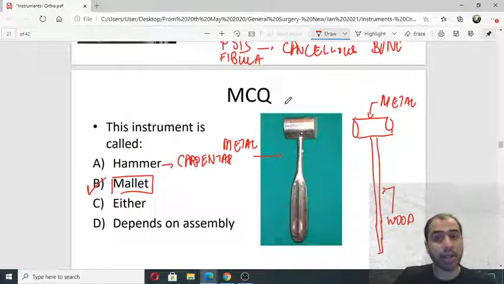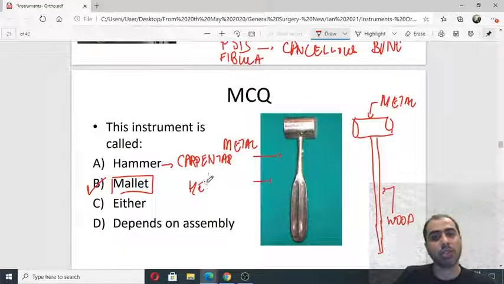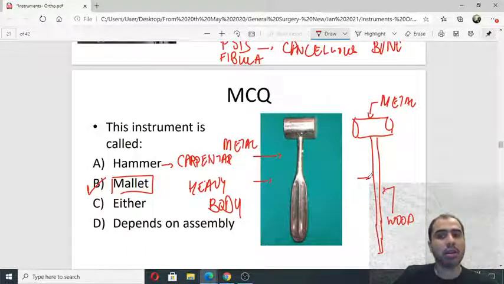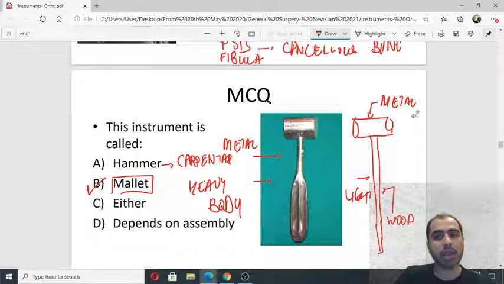In a mallet, the entire body is heavy. Everything is heavy, not just the head. Heavy body, because even the frame is made of metal. This is going to be light. So in a hammer, only the head is metal and only the head is heavy.